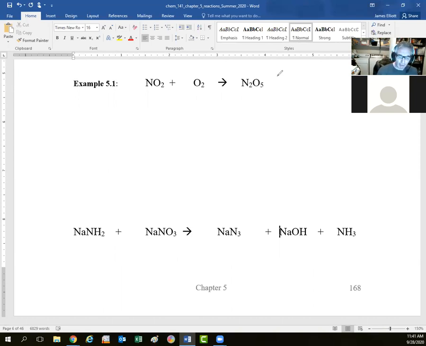Okay, for the first one, it's probably a good idea to leave the oxygen last because it's part of its own unique chemical formula. We could affect the amount of oxygen here without affecting the amount of nitrogen. So as we look at the nitrogen on the two sides, it's 1 compared to 2 atoms of nitrogen. So we want to double the amount of nitrogen on the left.